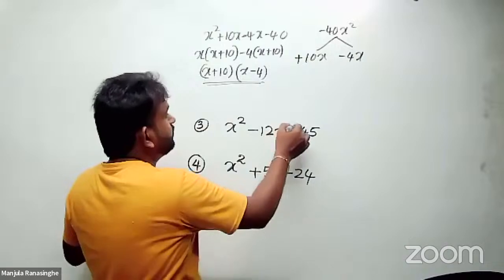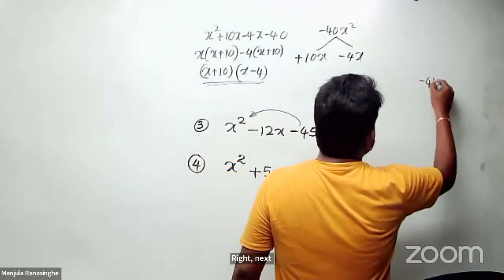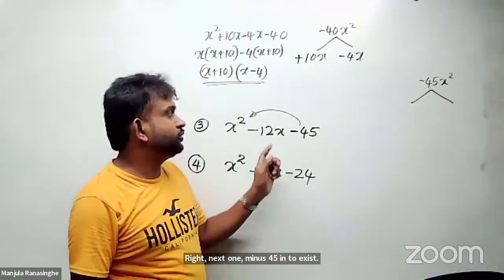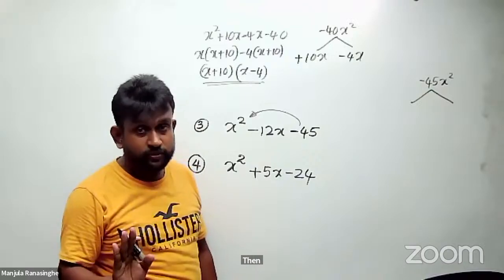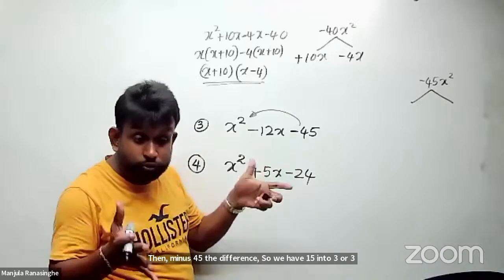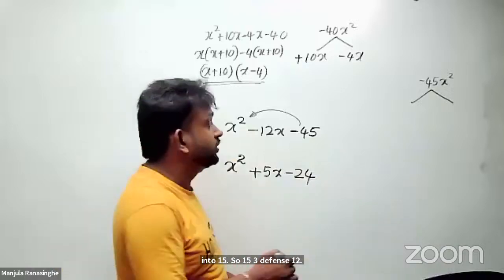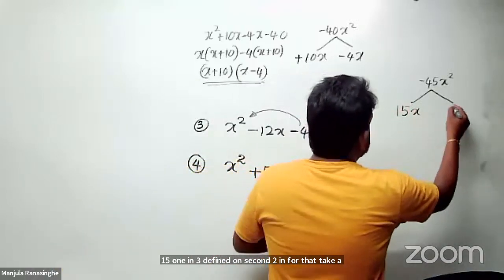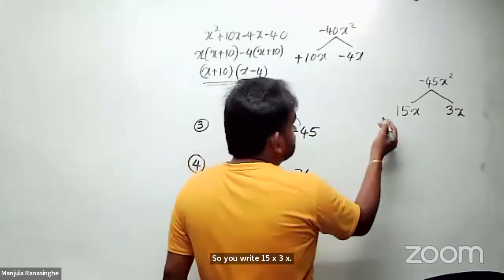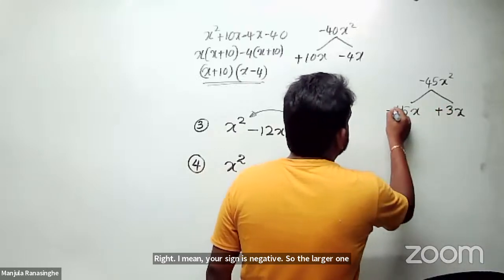Right. Next one, x squared, minus 45. The product is minus 45, the difference 12. So we have 15 into 3 or 3 into 15. So 15 and 3, difference 12; 15 by 3 difference gives 12, product gives 45. So you write 15x, 3x, right? And here the sign is negative: the larger one negative, the smaller one positive.